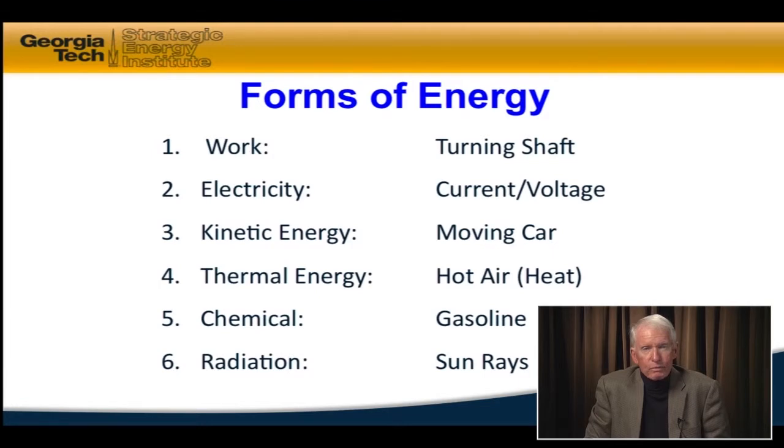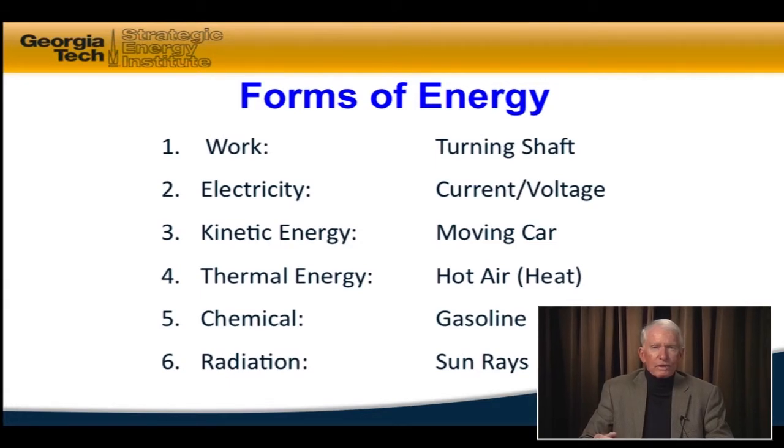Electricity is another form of energy. And there, of course, that's a current and voltage that's carried over a wire. Electricity is a very nice form of energy because it can be transported over long distances very efficiently. With work, you've got to have a shaft to carry that work from one place to the other.